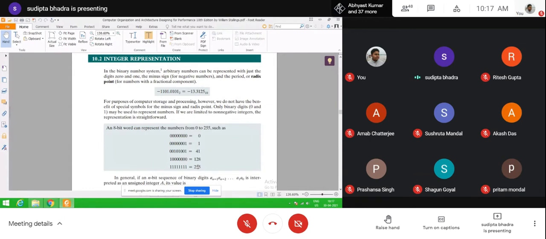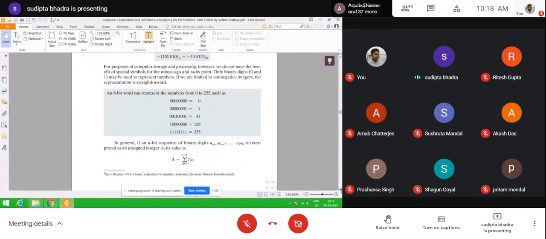Now, if the number is non-negative, then the binary representation of that particular number is very straightforward. And this particular representation, you can say, is unsigned.